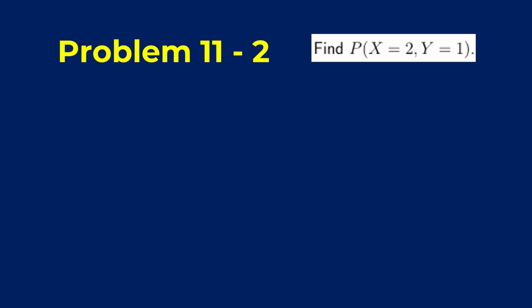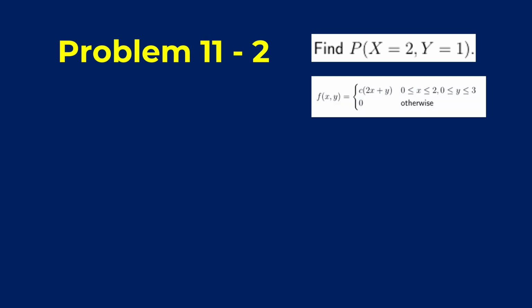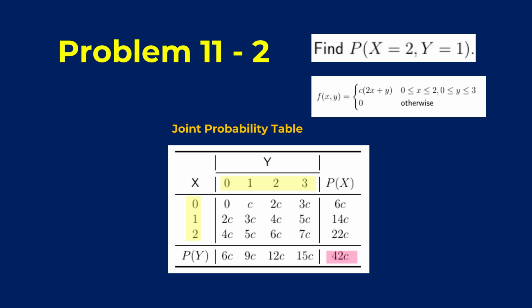Let's see part 2, which is about finding the joint probability when x is equal to 2 and y is equal to 1. Again, this is our joint probability function, and this is our joint probability table for this problem.